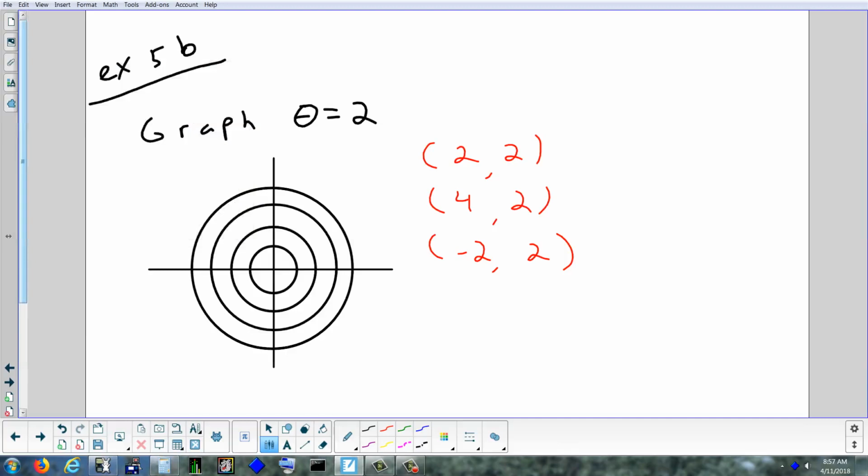So we've got (2, 2) about right there, and (4, 2) about right there. And then we've got -2. So we would go 2 units to the left, and then come around 114 degrees counterclockwise.